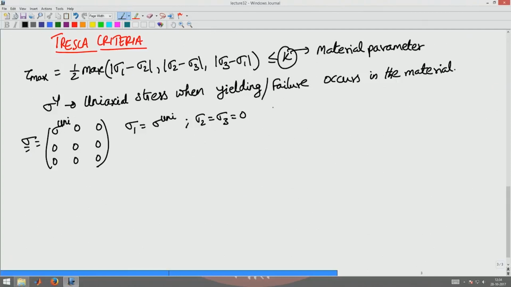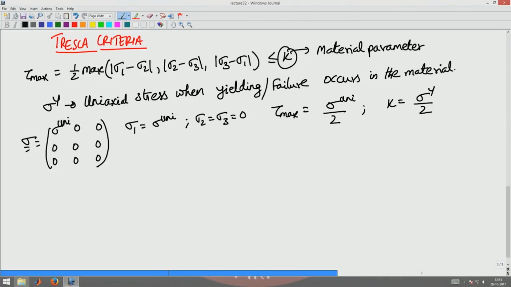So, the maximum shear stress tau max is given by sigma uniaxial by 2. Kappa is the value when this uniaxial stress reaches sigma y. When the uniaxial stress reaches sigma y, the material has failed, so that is my limiting value of kappa. So, kappa has to be sigma y by 2.